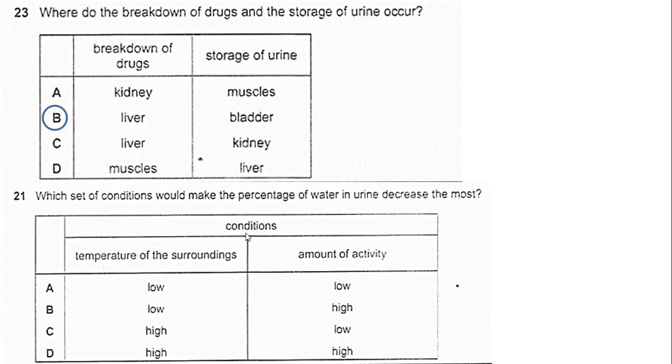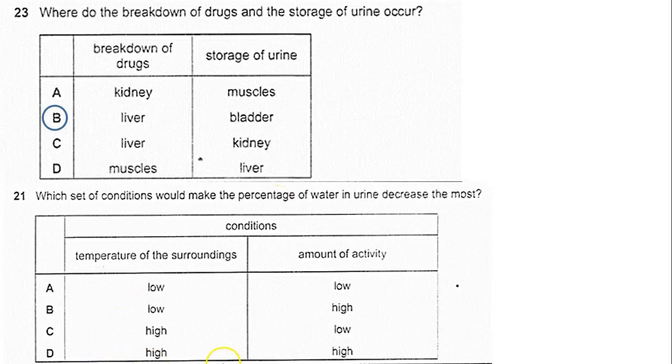Which set of conditions would make the percentage of water in urine decrease the most? If the temperature of the surroundings is low or high, you will excrete less urine or less water in urine. Actually, if it's high, because when the temperature is high, this means that you will sweat more, so the water will exit your body in another route.